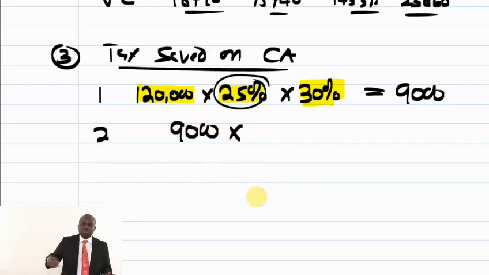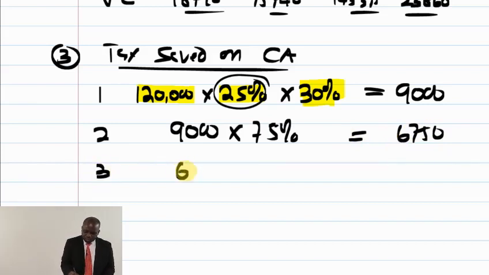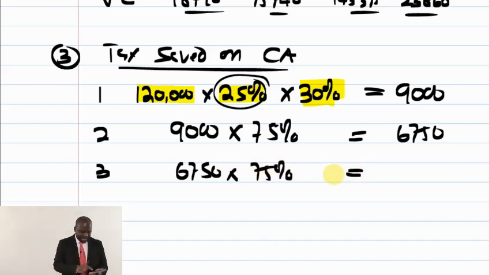That should reduce by 25%, so it should reduce to 75%. So that 9,000 times 0.75 will give you 6,750. Then for year 3, the 6,750 will also reduce by 25% to 75%. Okay? And that will give you 5,063.